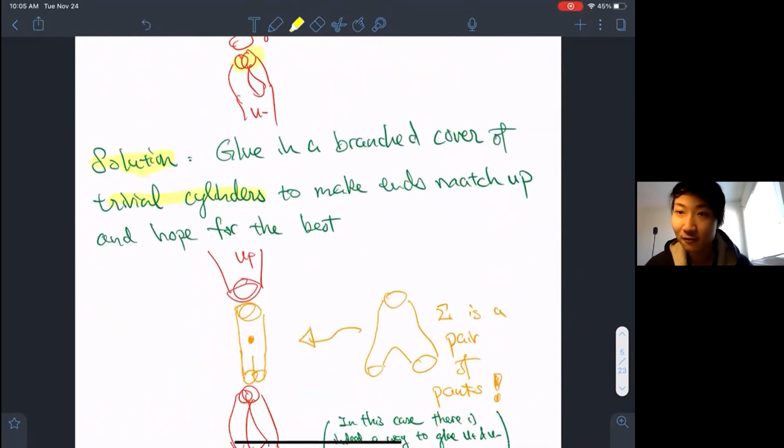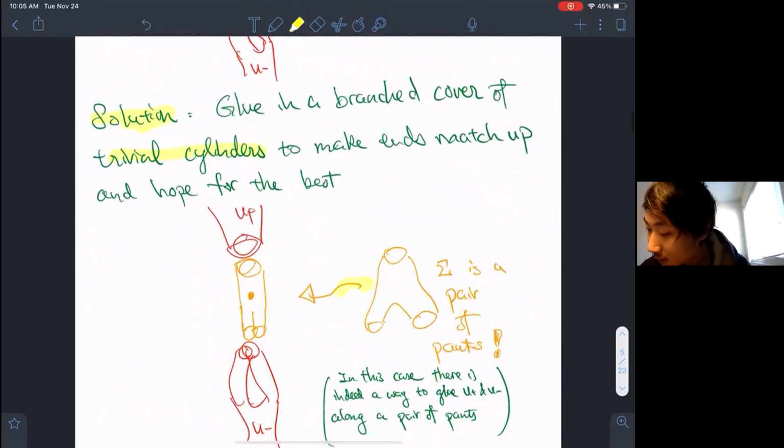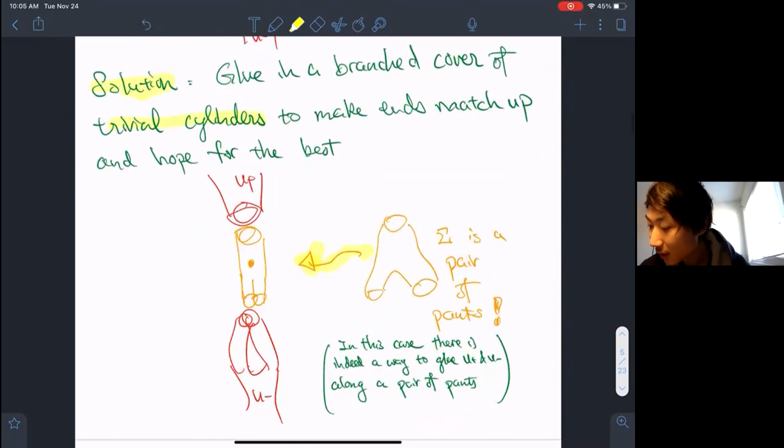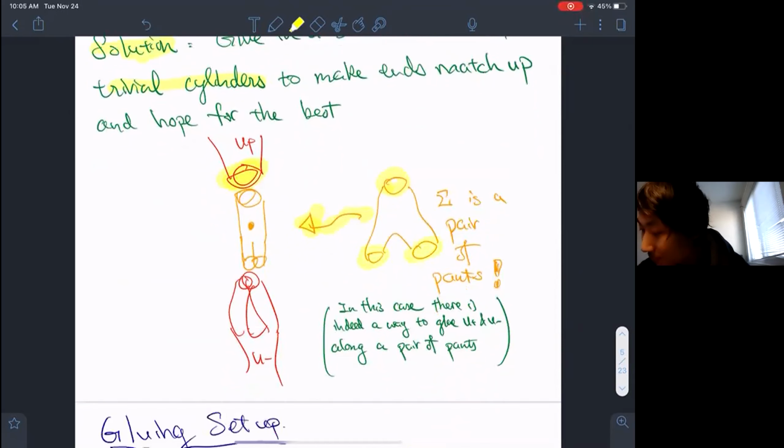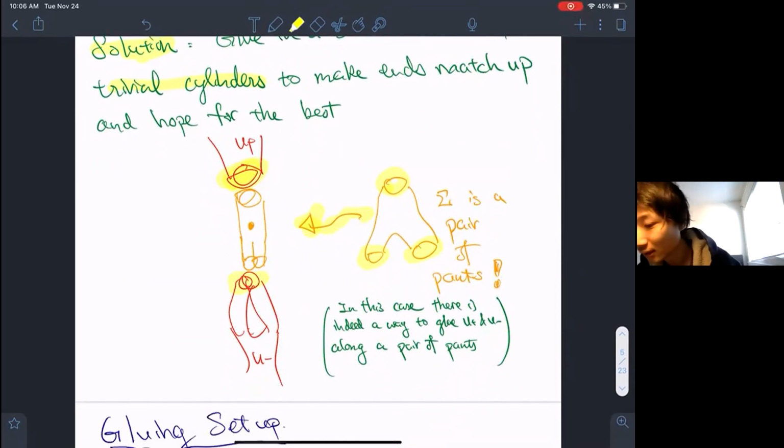In this case, a pair of pants. So I'm going to insert in the middle level a pair of pants. Over here, it's a double cover of gamma that matches up with this end here. And here are two simple covers of gamma that match up with the ends here. In this particular case, we will be able to glue along a pair of pants.